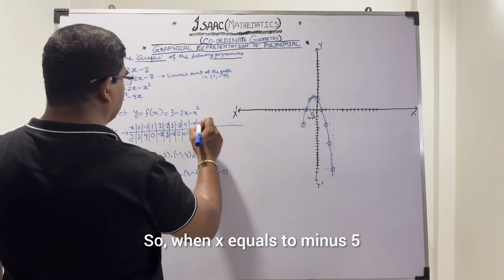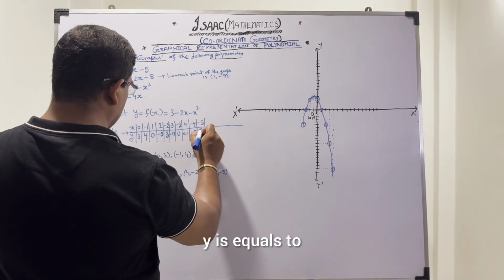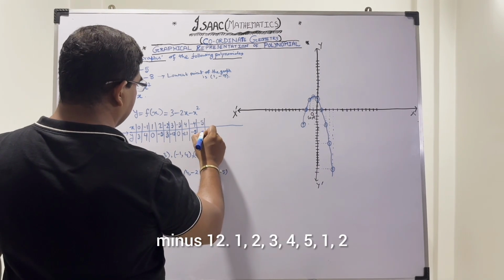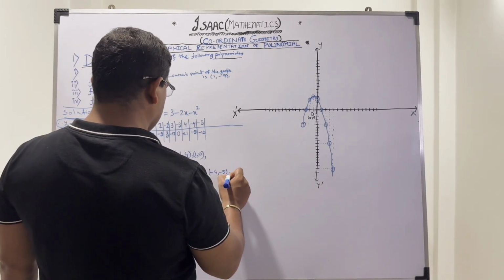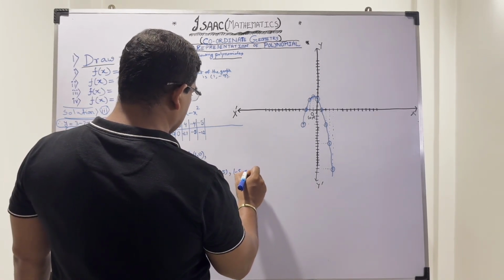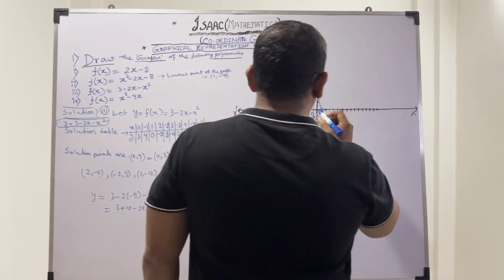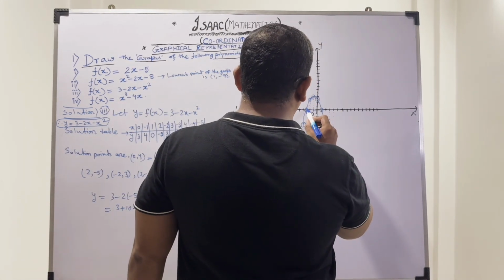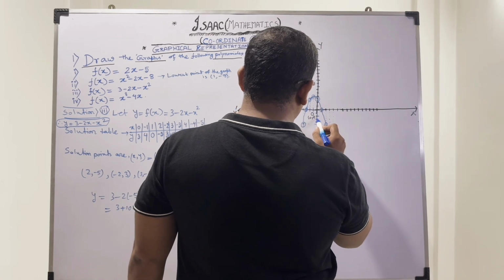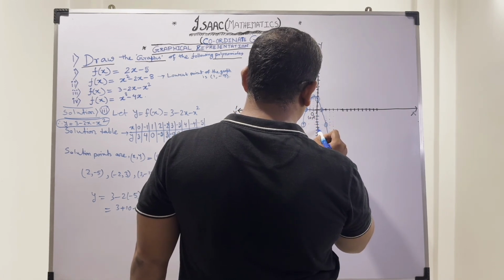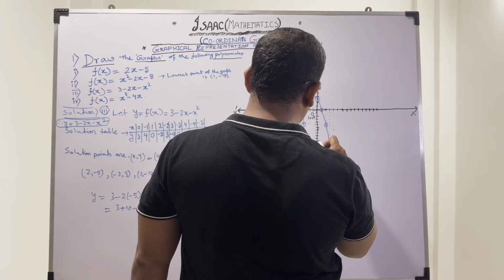So when x equals minus 5, y equals minus 12.